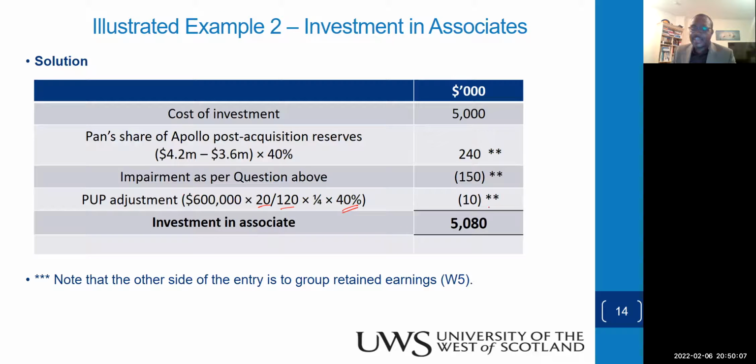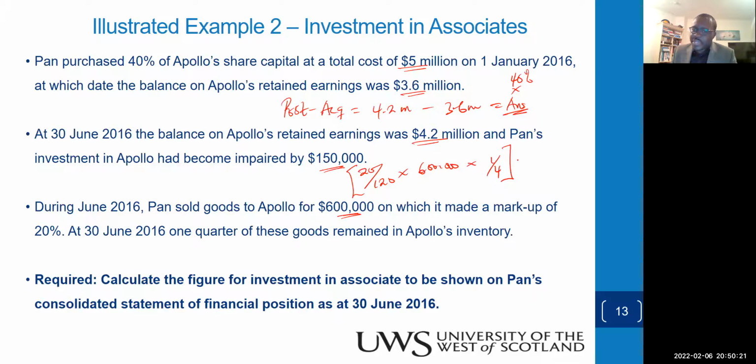And again, the return leg goes into the group reserves, which we subtract. Finally, we sum up the investment in associates and we get this, which we need to present on the face of the statement of financial position. Like I said, when you get here, at least you are stuck. Do I recognize everything? Or because it is an associate, I only need to recognize 40% of it.